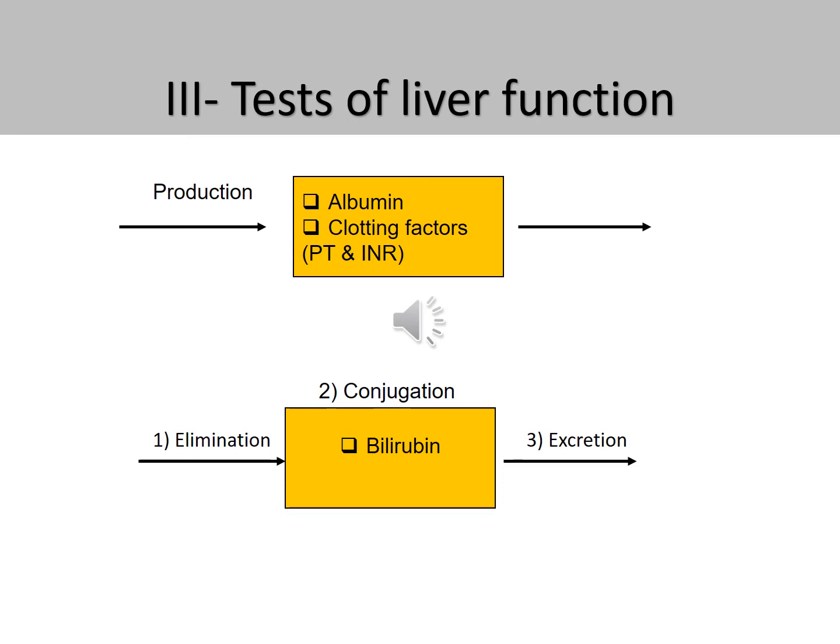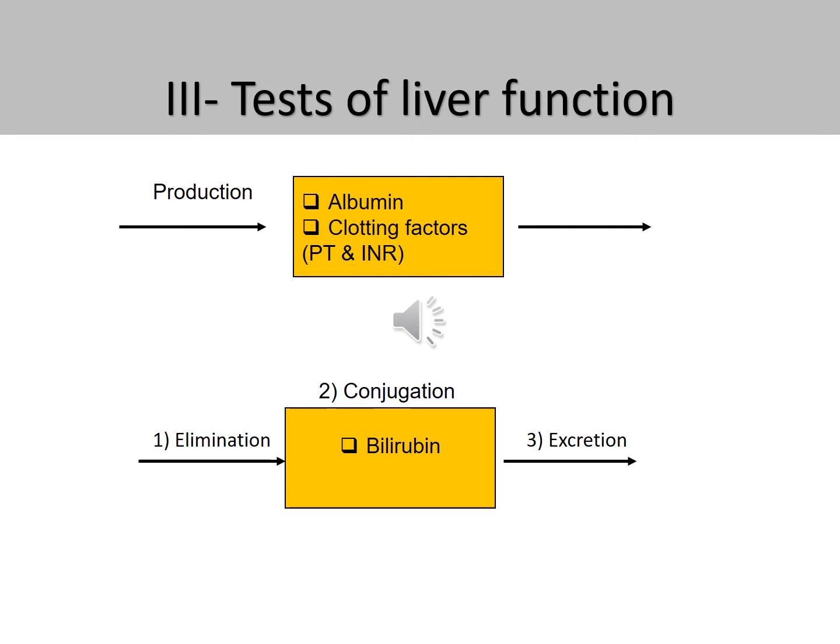Bilirubin also, but the liver cells have 3 jobs to do with bilirubin. Usually the liver cell takes up and eliminates the indirect bilirubin from the circulation, so elimination is the first function. Then it conjugates the insoluble bilirubin to form conjugated bilirubin, the water-soluble form. So the second function is conjugation. And lastly, it excretes this conjugated water-soluble bilirubin into the biliary tree to be excreted through bile.